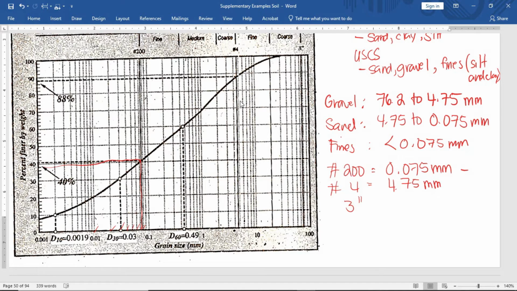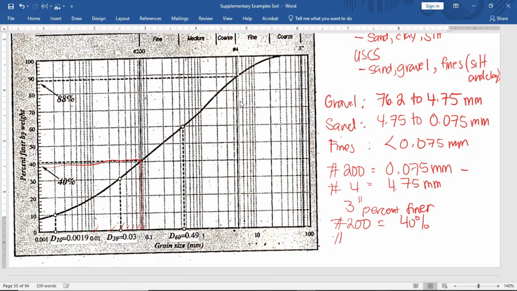So, ang percent finer natin para sa number 200 is equal to 40%.